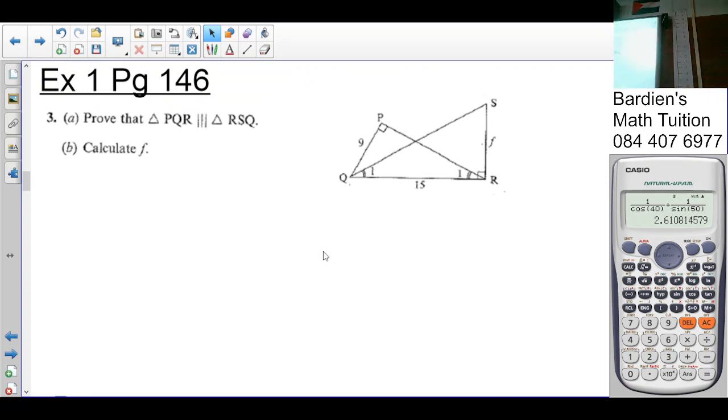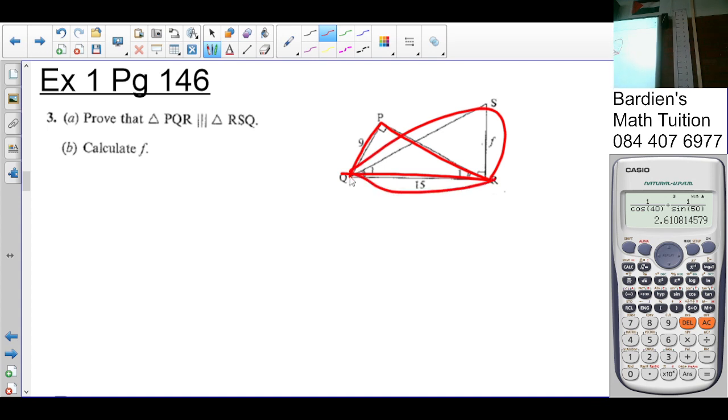Looking at this here, it says prove that triangle PQR is similar to triangle RSQ. If you look at what is in question here, it's going to be Q, P, R, which is that one there, and R, S, Q is that triangle there.